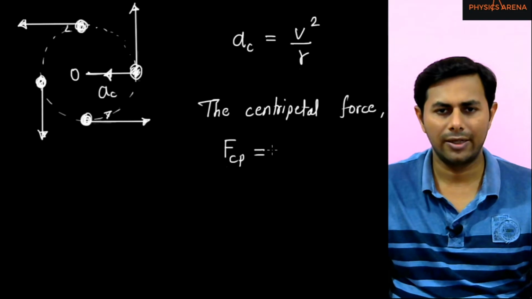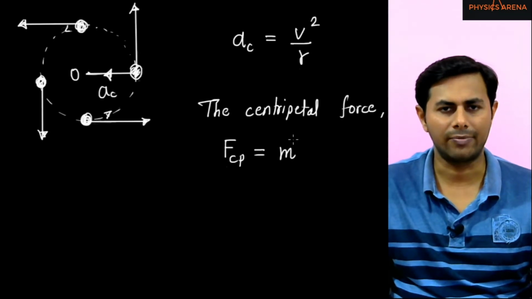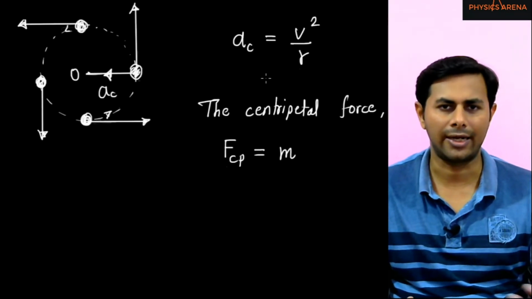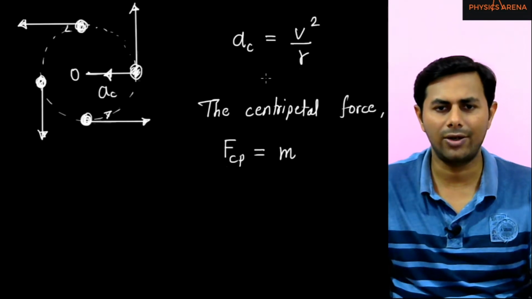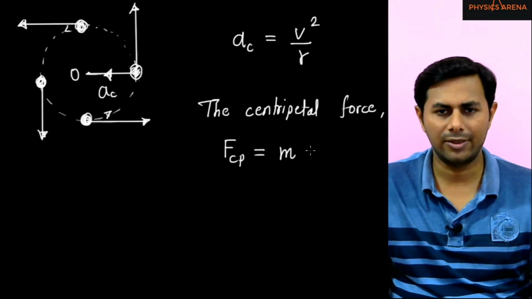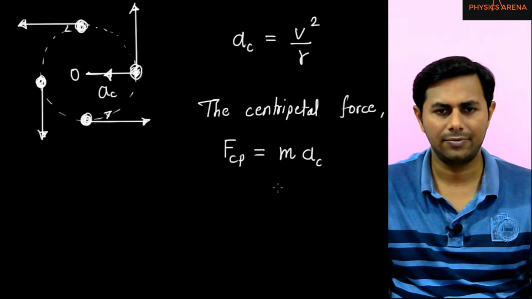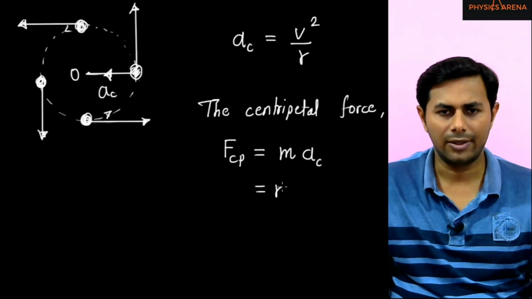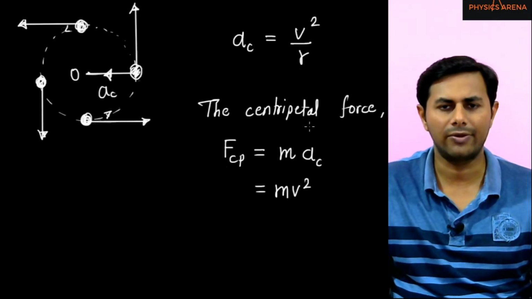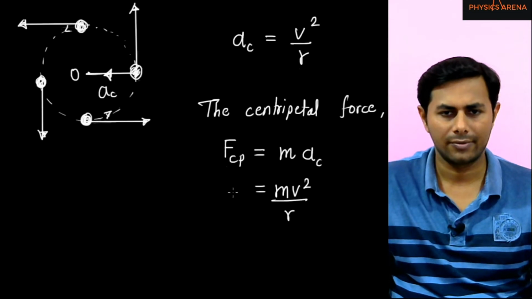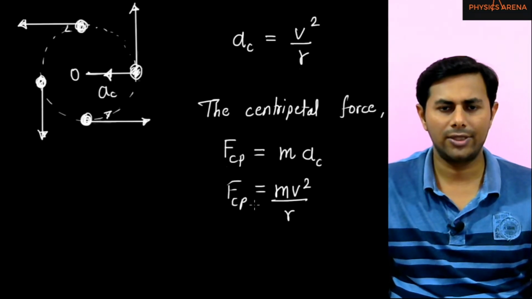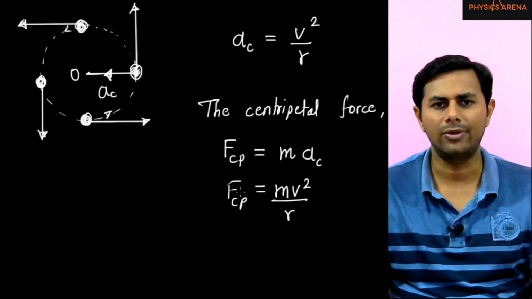Fcp is m times, that is mass of the object times the acceleration, using Newton's second law. So it is m times a suffix c, which is equal to m times v squared over r. So this is the magnitude of the centripetal force.